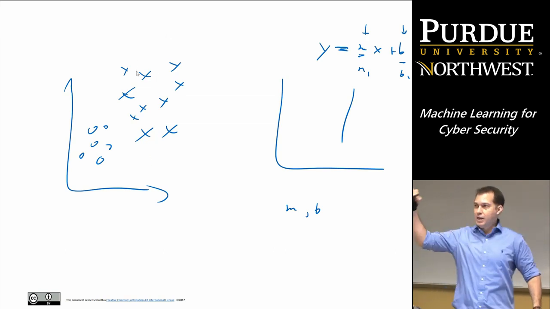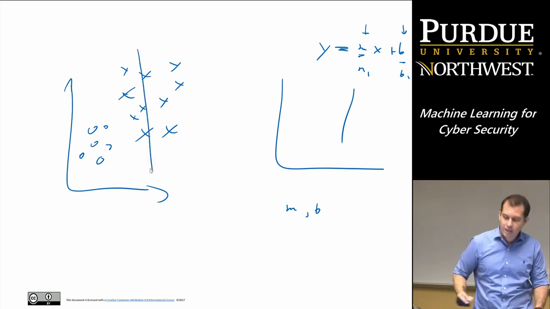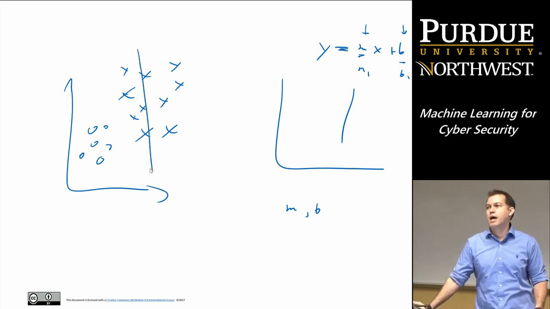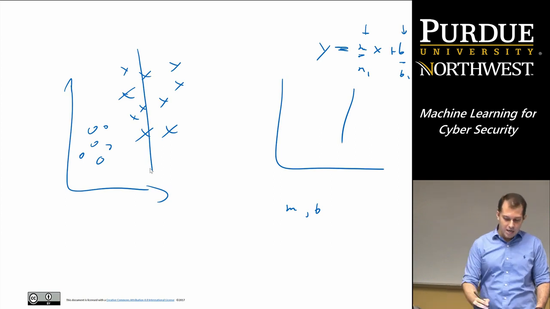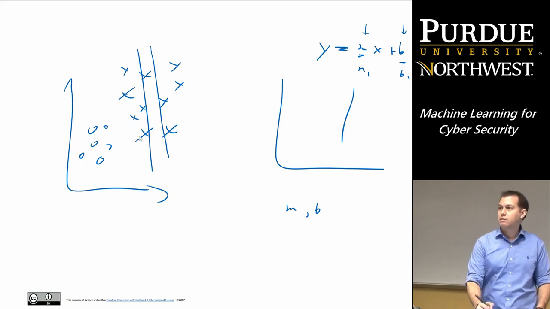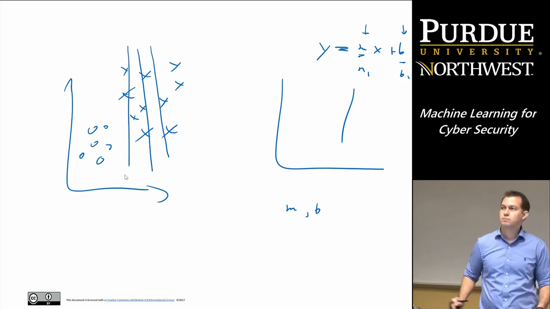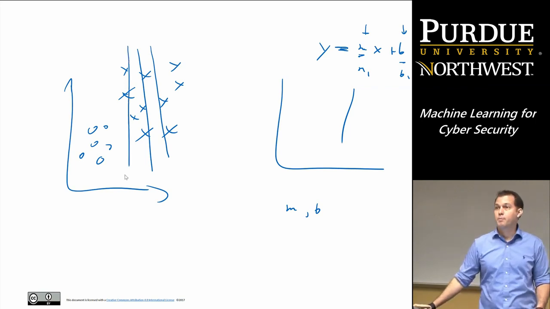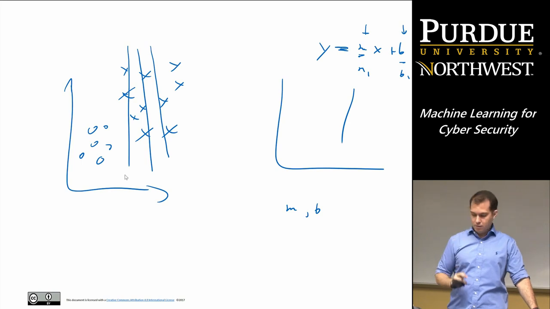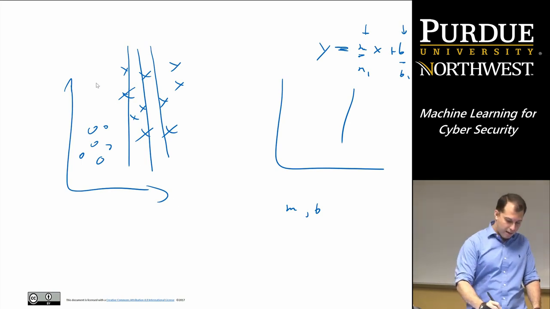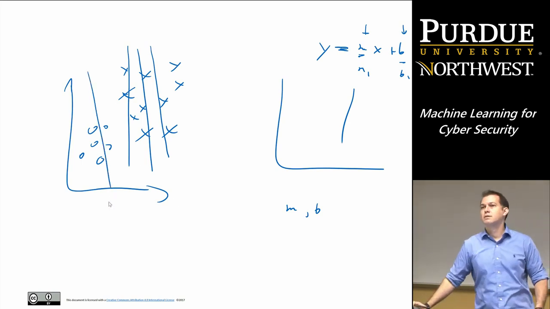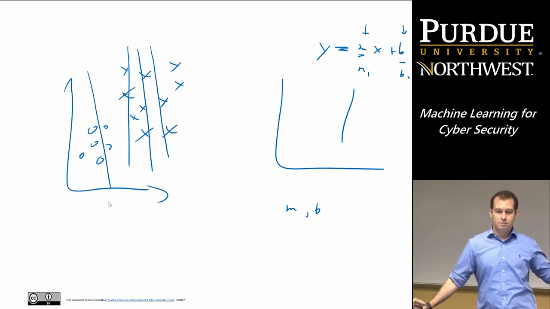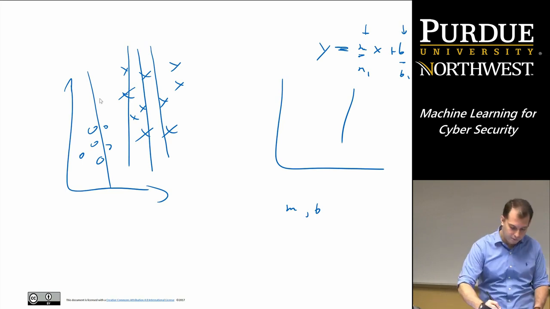Okay. So what if I iterate again and I try this line? Is that a better line or a worse line? Slightly better, right? Because before you had one more error, now you have one fewer. Okay, next iteration. Better, right? And then, let's say I draw this one, worse again. Okay, so I'm learning something.